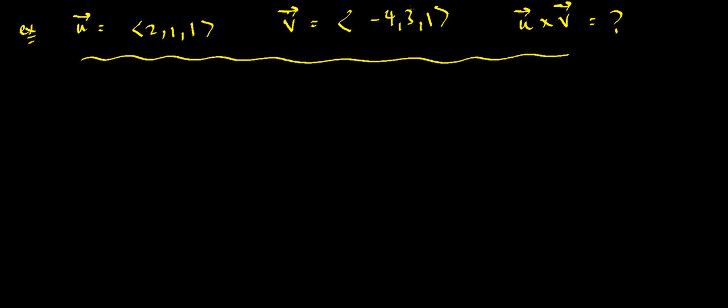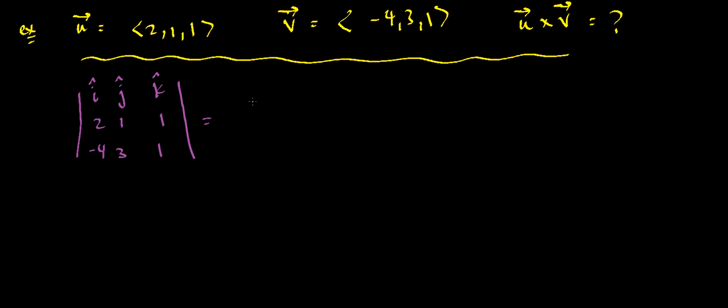The cross product of two vectors is equal to the determinant of this matrix over here. We always have i, j, and k. We're going to have the first vector 2, 1, 1. The second vector will be -4, 3 and 1.